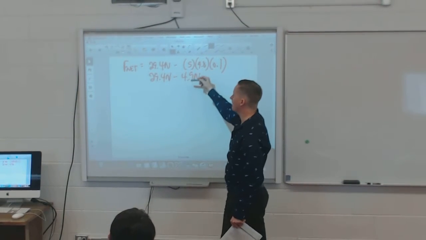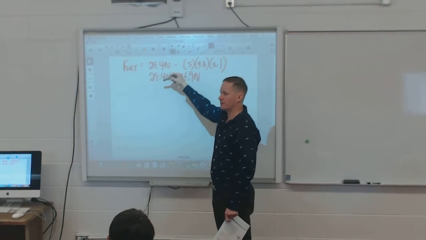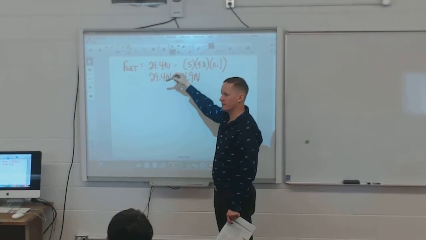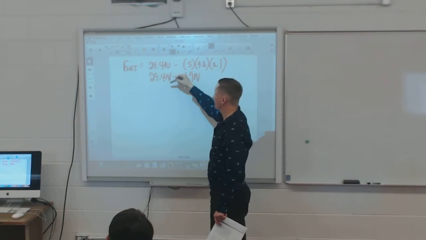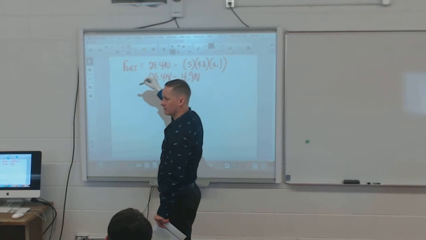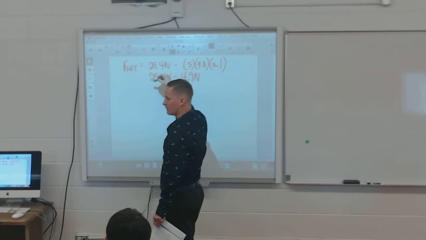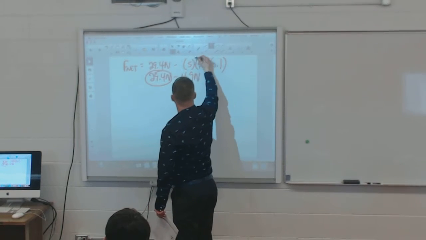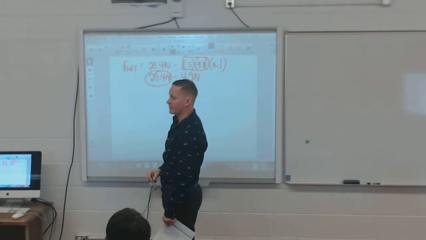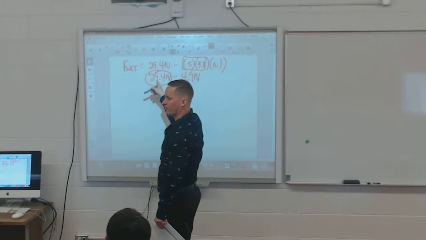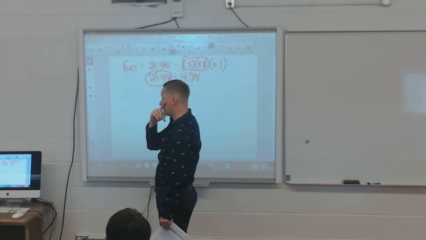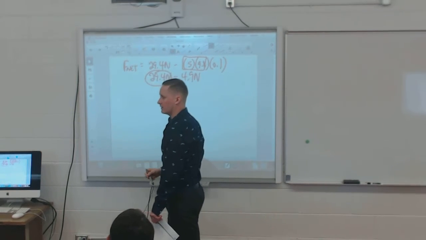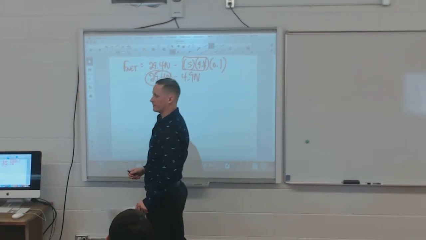It has to be greater than the force of gravity for it not to move, or equal to it. You follow what I'm saying? Yeah. You think so? You sure? So, as long as this times whatever the coefficient of friction is stays below that, it's going to move. It would have to be greater than 29.4 in order for that not to move.